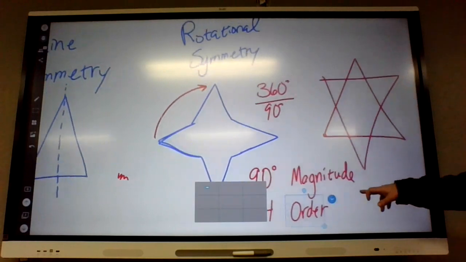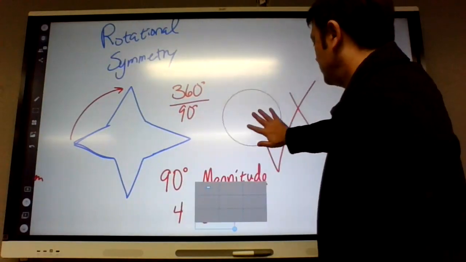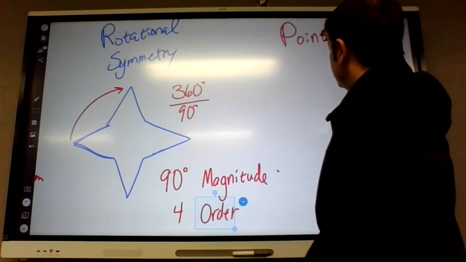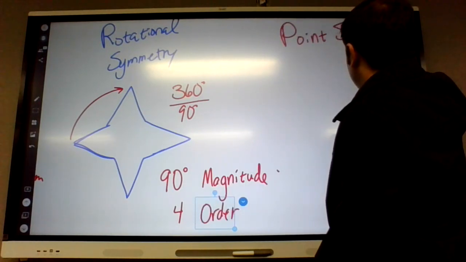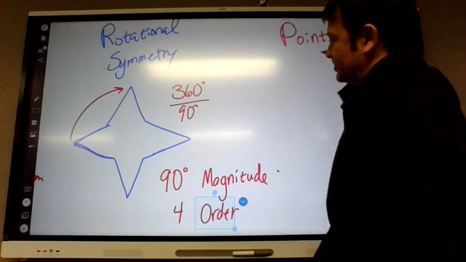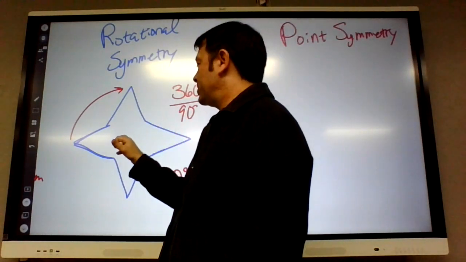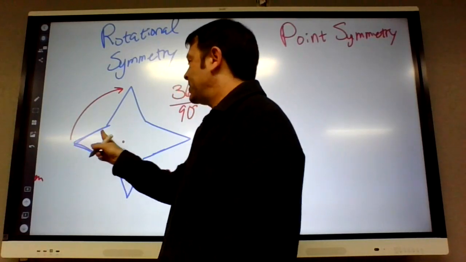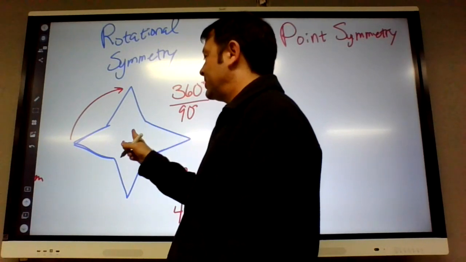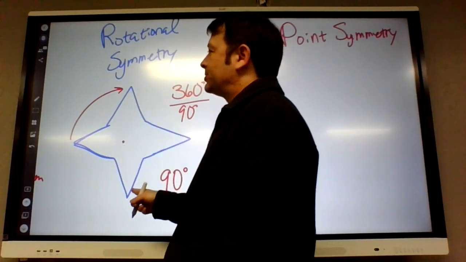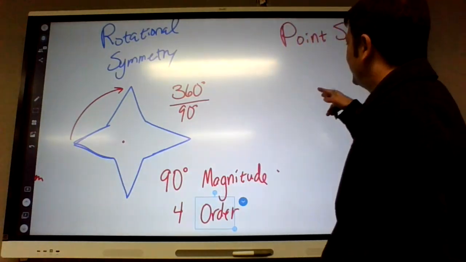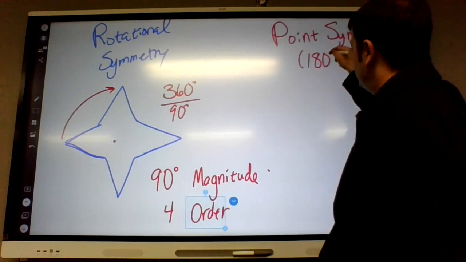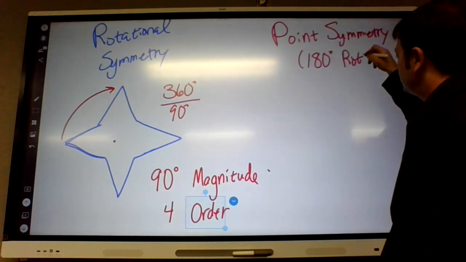One more type of symmetry, and that is called point symmetry. It's called point symmetry because if you draw a point somewhere in the image, the points on opposite sides of that point are the same distance away, or they should be. That's what makes point symmetry. But the easiest way to think about point symmetry is, does it have 180-degree rotational symmetry?